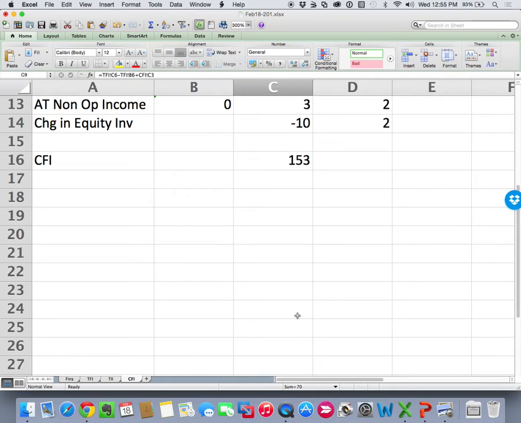The cash flow CFI works the same way. So eventually, my payouts are going to be positive numbers because I'm reconciling that I have 153 of cash to pay out, and I want to see how it's distributed. So because I have cash to pay out, the distributions are positive numbers because I need the two to reconcile to be the same number. If my CFI were negative, that means I would have to borrow money.